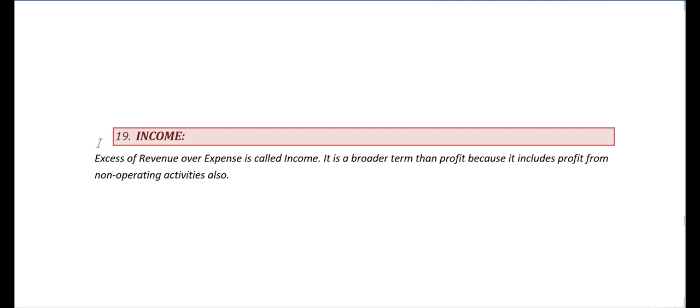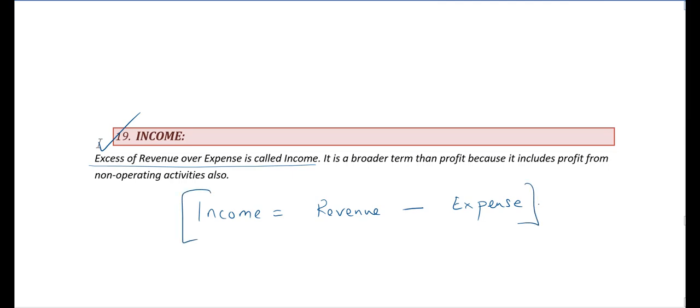19th term, income. Excess of revenue over expense is called income. So the formula for income is revenue minus expense. So this is the formula for income.